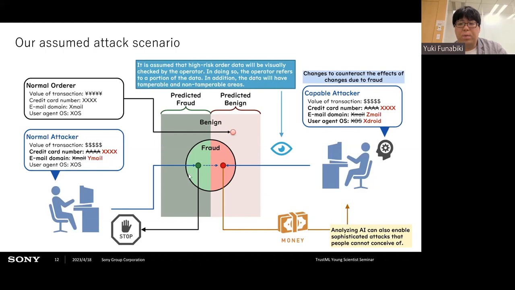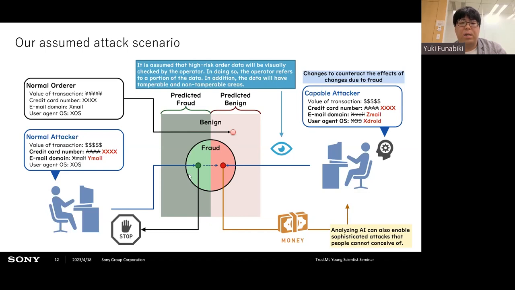So this is the first scenario. In a real business use case, there are some operators who monitor transactions. Of course, it is very hard to check all transactions, but with a machine learning model, they can pick up the suspicious inputs, and humans can check only those suspicious inputs, and perhaps they can find that the input is malicious.